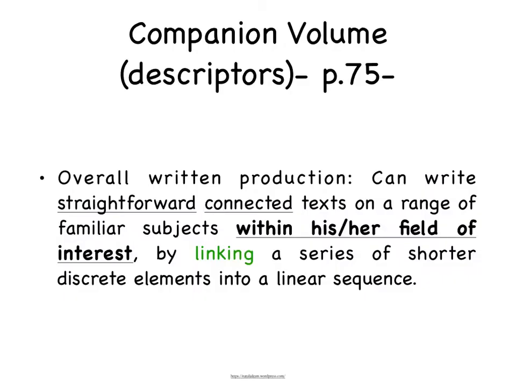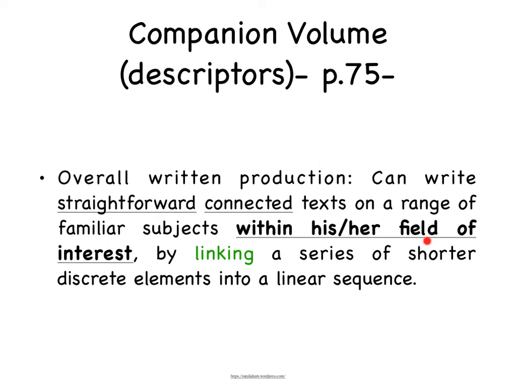What I've shown you comes from the specifications, but because we talked about the companion volume, let's see where this comes from. They say that in the specifications, but it comes from the companion. So, in general, when they talk about overall written production, students are supposed to write straightforward, connected text, so it has to do with cohesion and coherence, on a range of familiar subjects, because we're talking about B1, as we said.